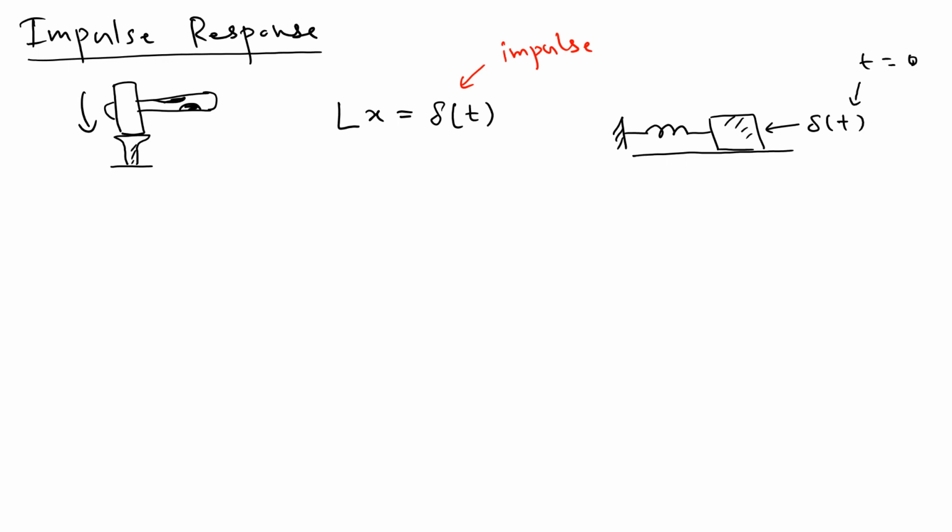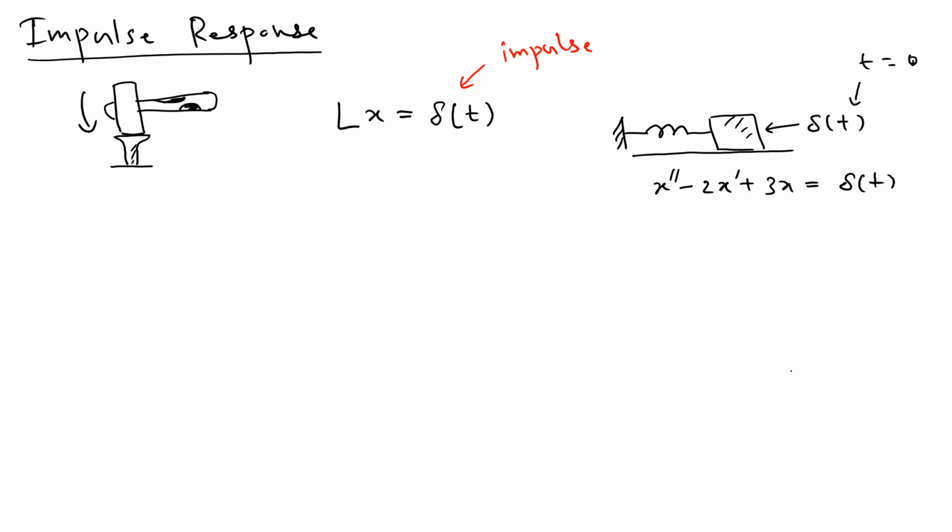So you can probably write this differential equation like this. I'm just writing numbers, okay? It's x double prime minus 2x prime plus 3x equals delta t. That's a way we can write these kinds of systems.